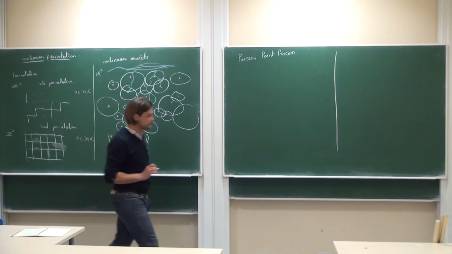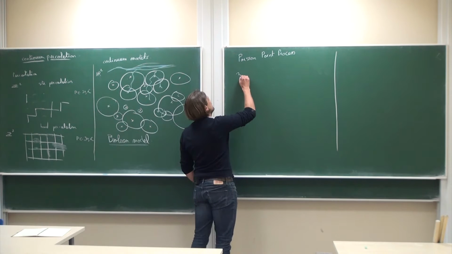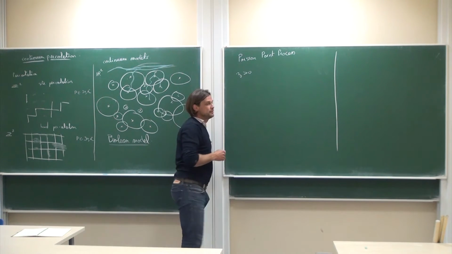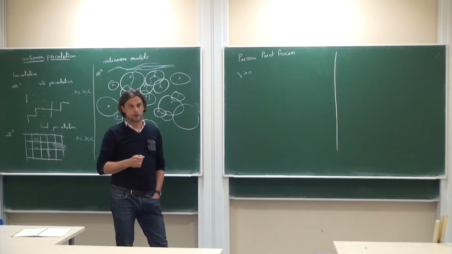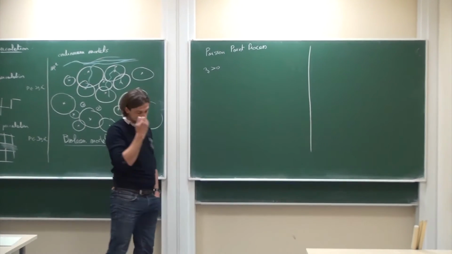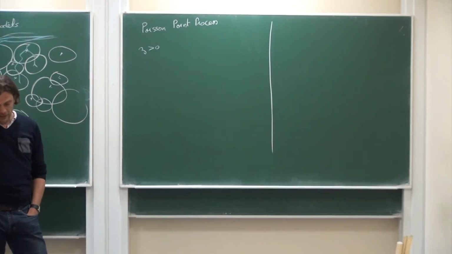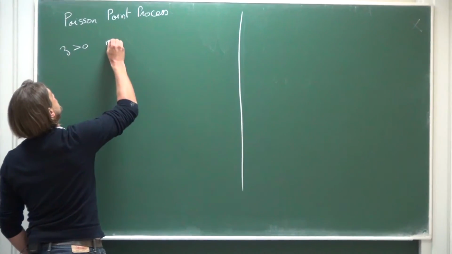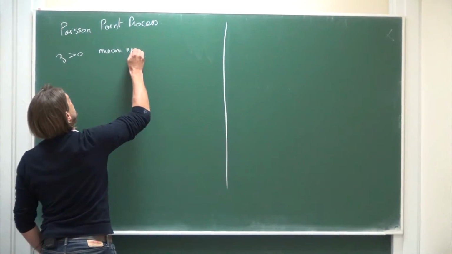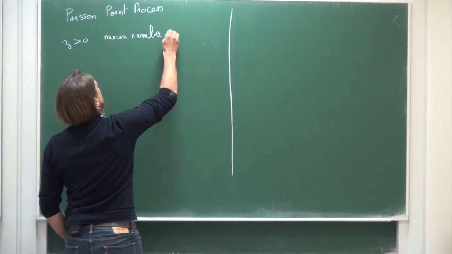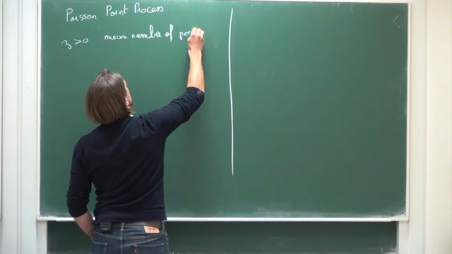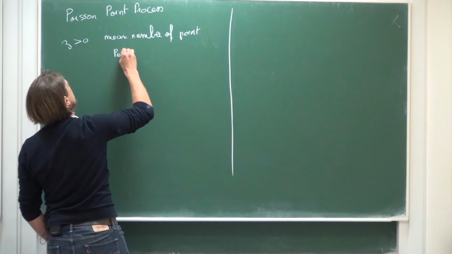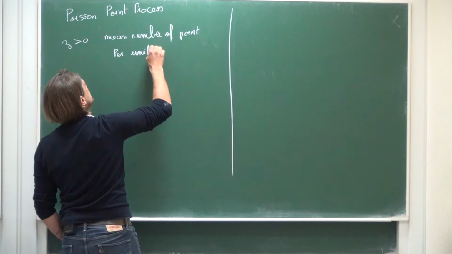How to do that? So we fix z. It will be a parameter which is the mean number of points per unit volume.